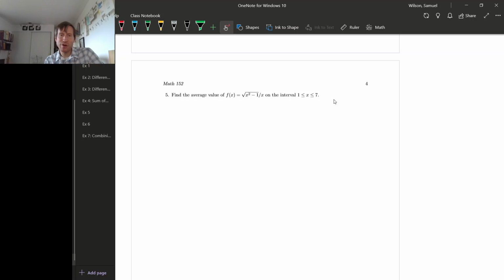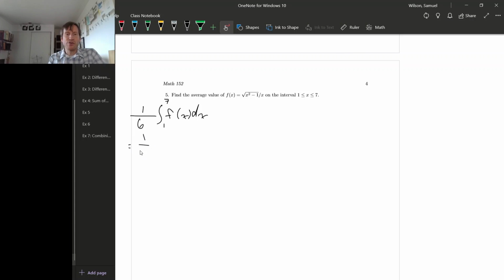Okay, so for this one, finding an average value of this function from 1 to 7. So remember, the average value is just the integral of the function, but then you have to divide by the length of the interval, and 7 minus 1 is 6. So integrate from 1 to 7 and then divide by 6.